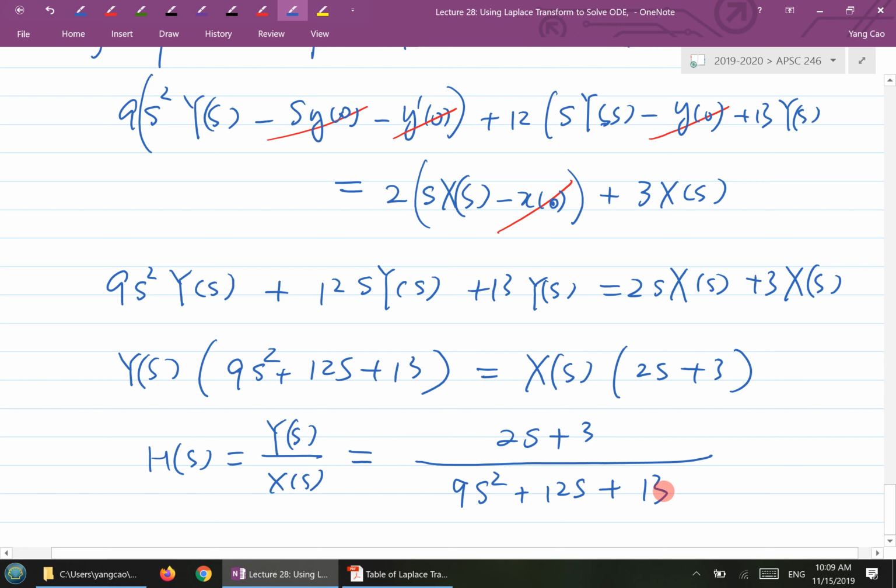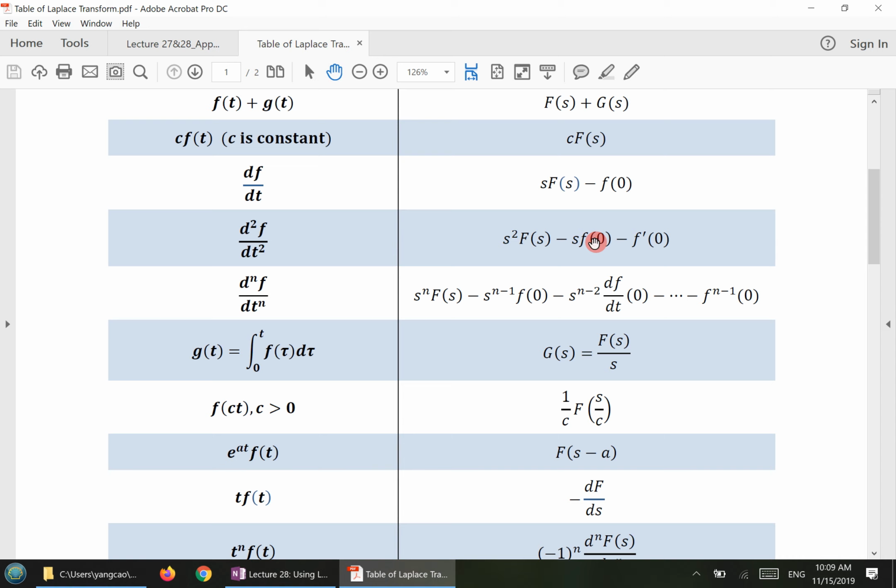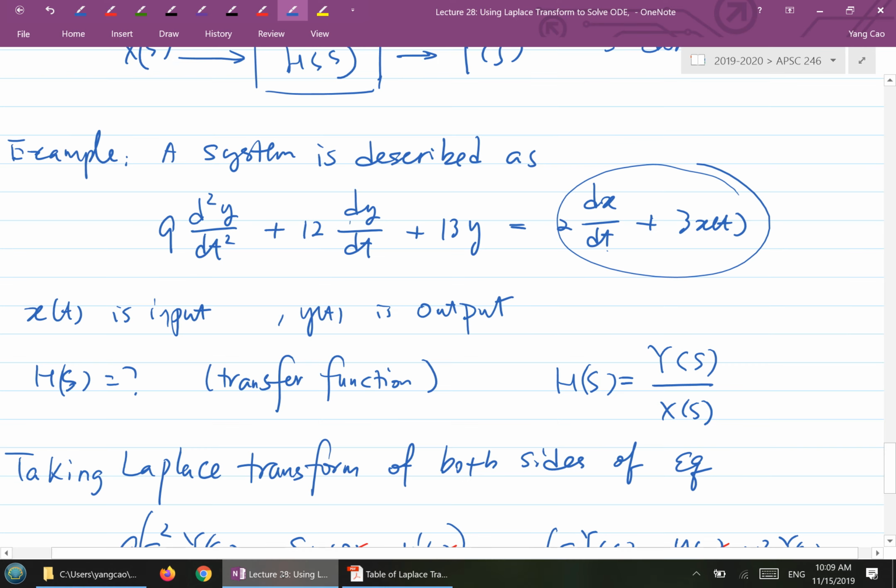what are we looking for? Is the question asking for the transfer function from a given ordinary differential equation? First step, you take the Laplace transform of both sides of the equation. When you're doing this, you will knowingly set all the initial conditions to be 0.